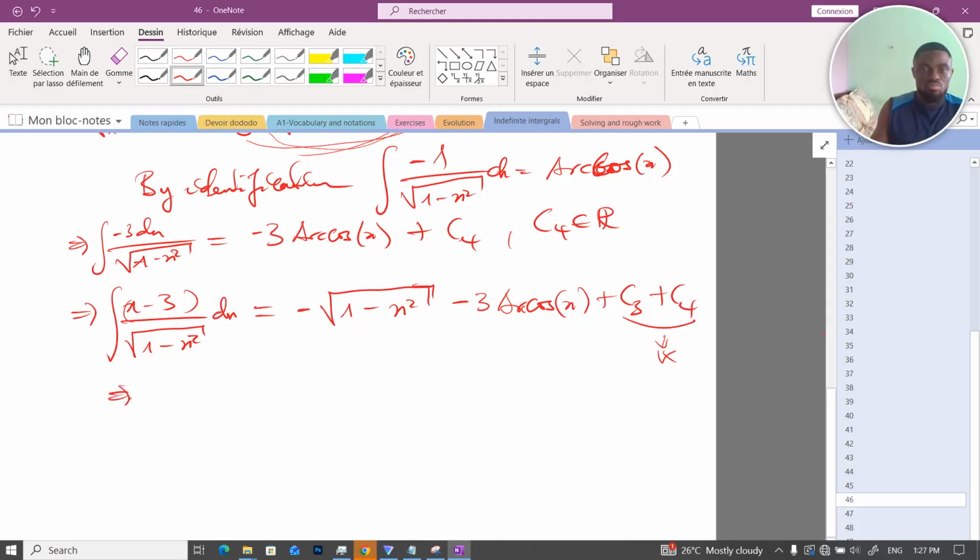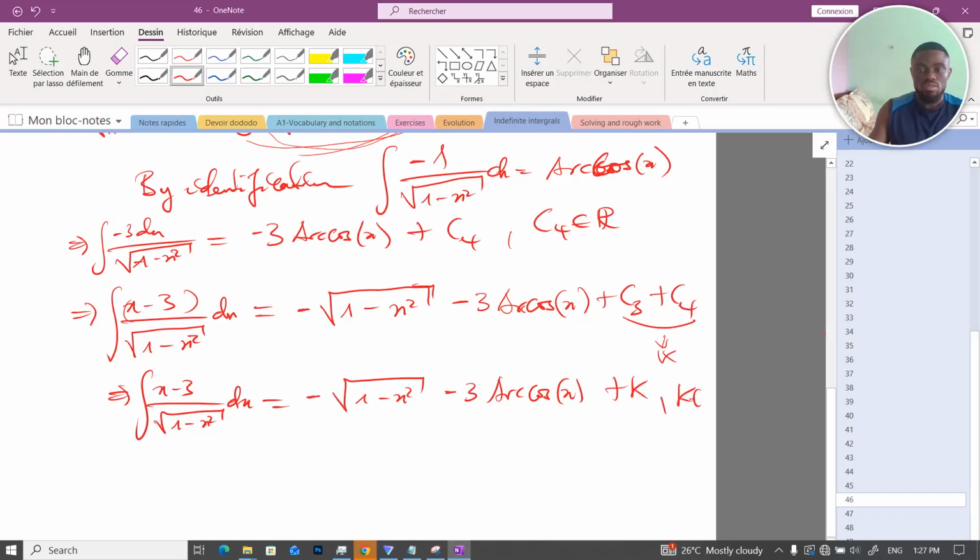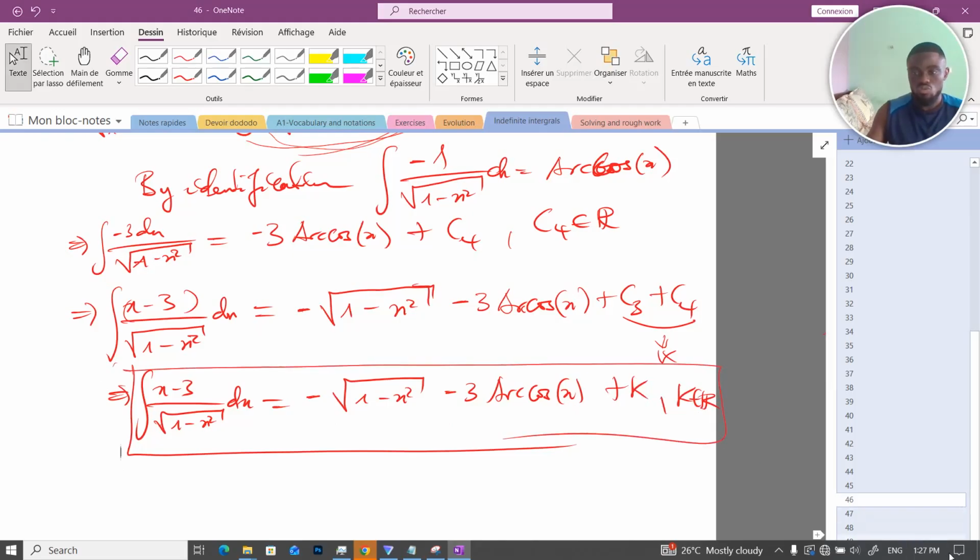So this implies the integral of x minus 3 all over the square root of 1 minus x squared dx will be equal to minus the square root of 1 minus x squared minus 3 arc cos of x plus our constant k, where k belongs to R. So that's basically the integral you were asked to look for.